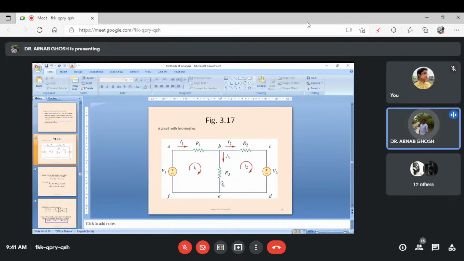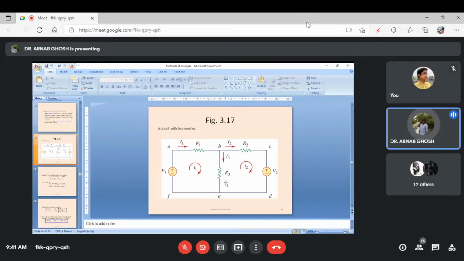The voltage across R3 will be the resultant current, that is small I1 minus small I2, because I1 is flowing in this direction, I2 is flowing in the upward direction from E to B. So the resultant current across R3 is small I1 minus small I2.